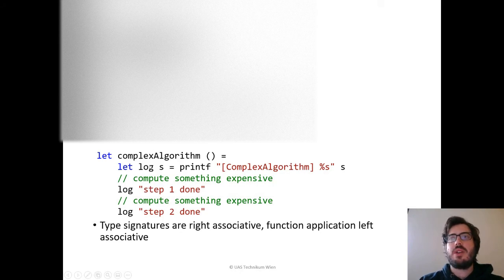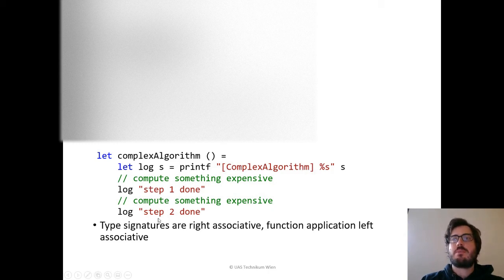Then you can use it for making shortcuts of complex functions which have many arguments, but you always use the function in such a way that some arguments are the same. This is kind of a toy example here. We create a custom log function in this complex algorithm which prefixes the output with a particular argument, here this string.